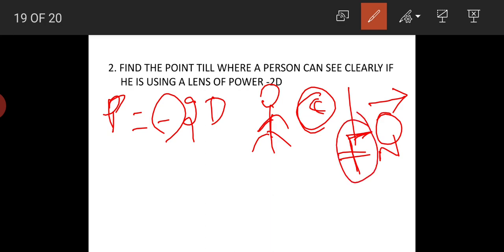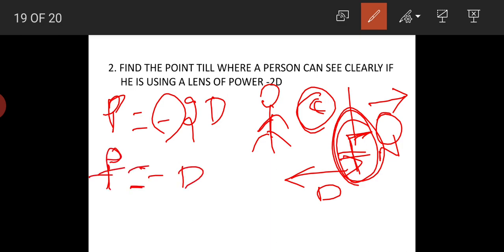So we need to find this far point distance. In order to find it, for myopia the formula is F is equal to minus D, where F you need to take in centimeters. F always you need to take in centimeters.